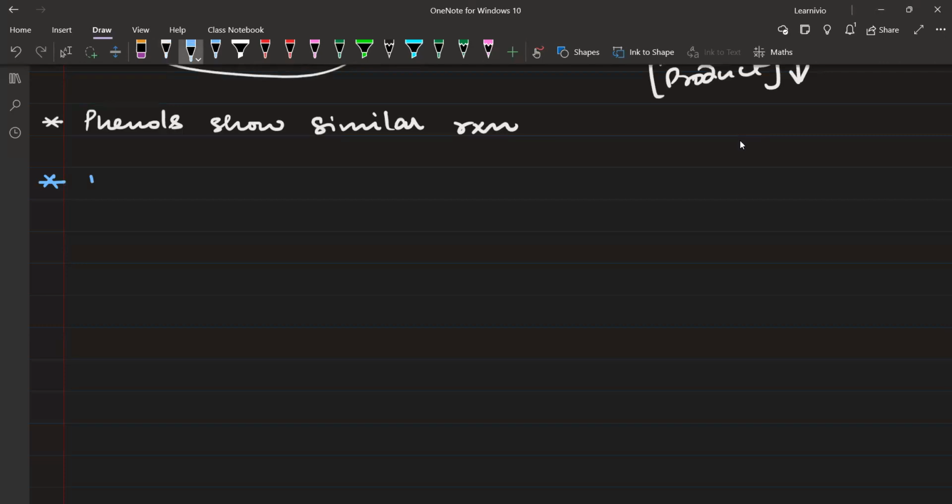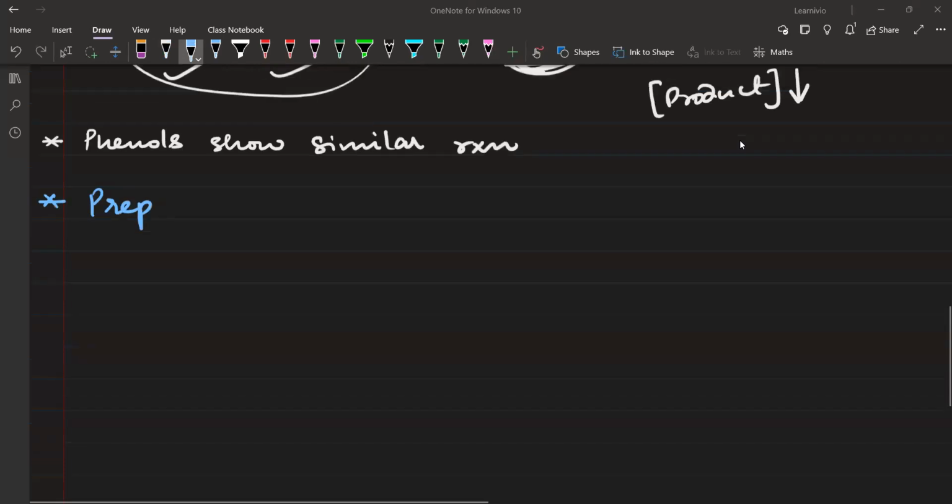So preparation of aspirin: now the starting material for aspirin is beta hydroxy carboxylic acid. We have carboxylic acid and in ortho position we are going to have OH.